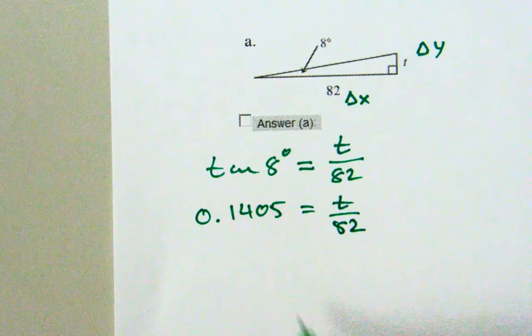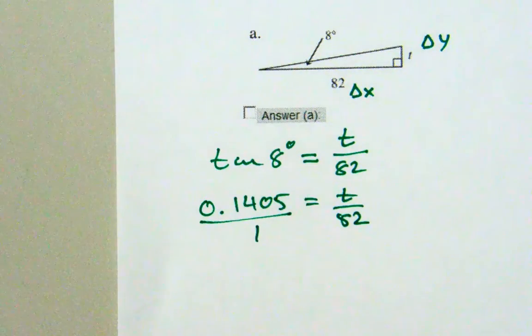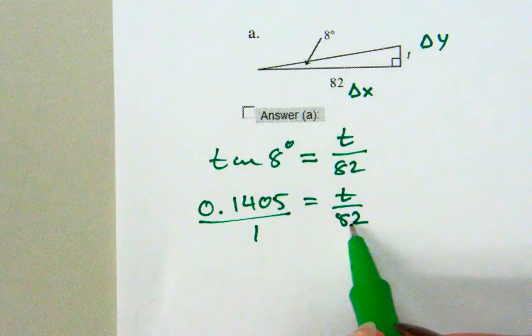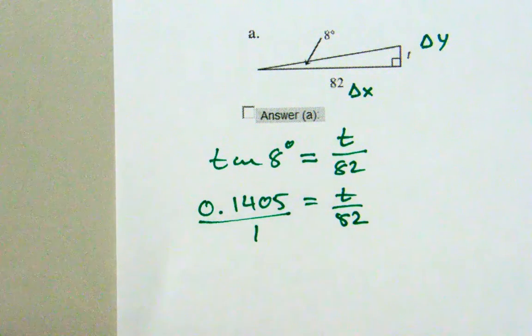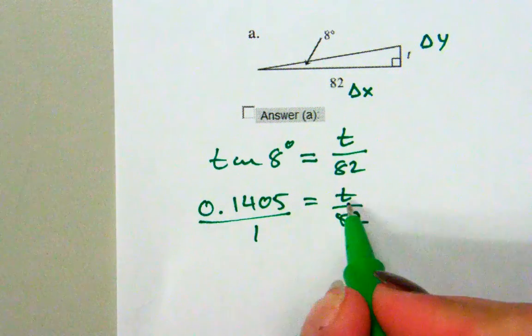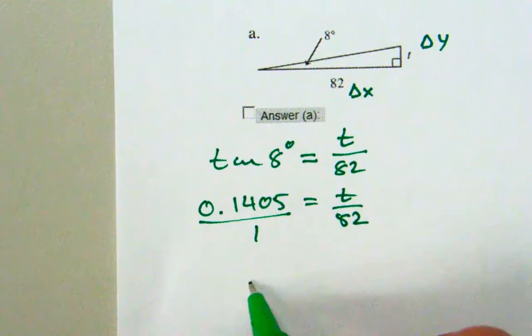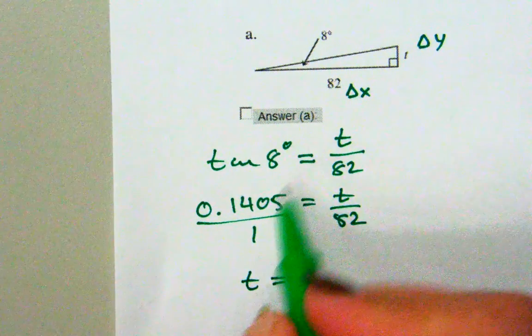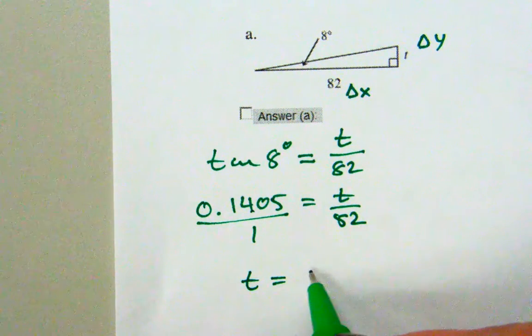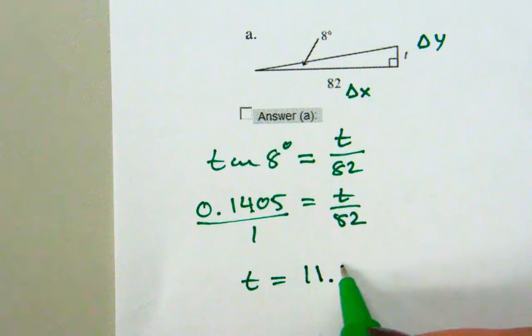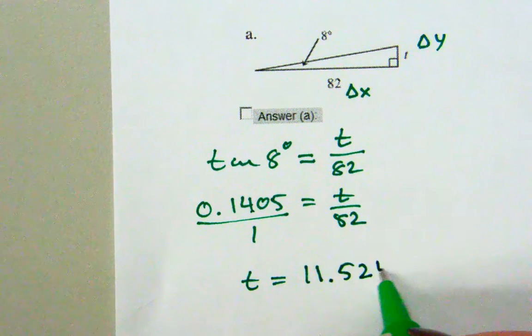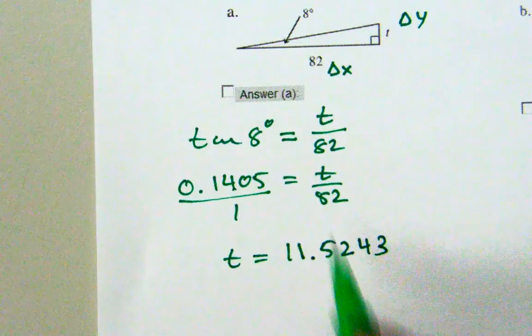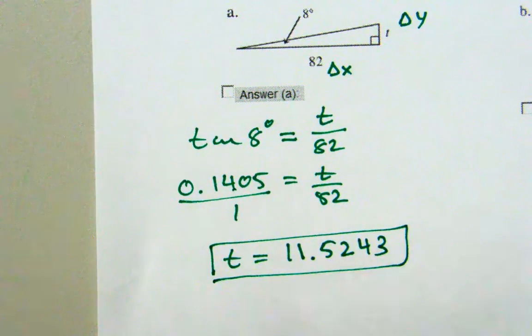Okay, so now we need to solve this. So this one times that one, and t times 1 is just t, or 1t. And this times this should give you 11.5243. Okay? So there's your value for t.